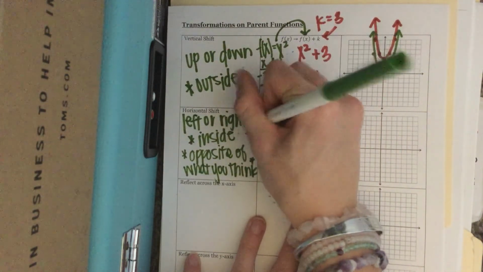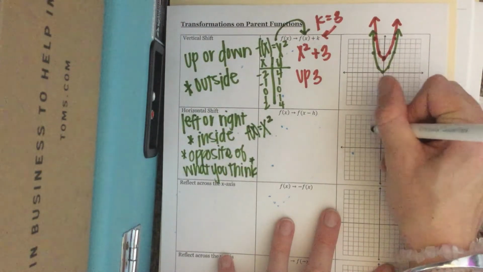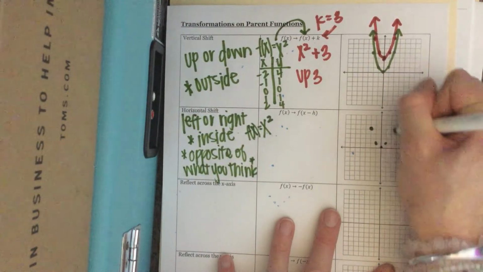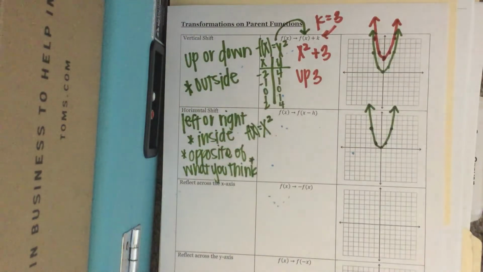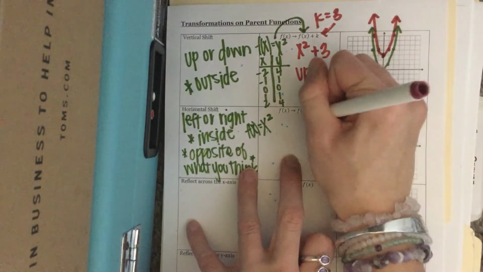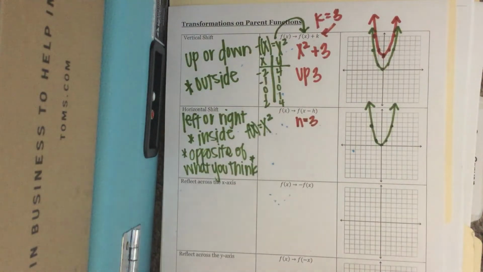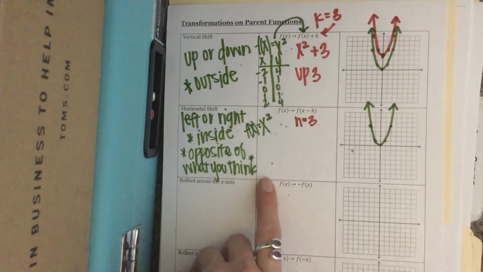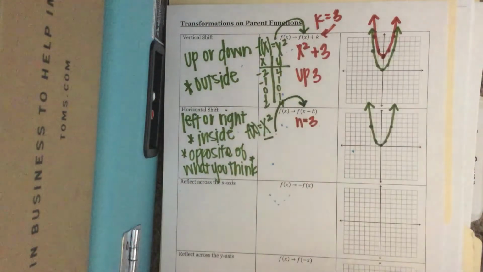So let f of x equal x squared. So that's 4, 1, 0, 1, 4. Okay, I'm just using those same values right there. And now, let's let h equal 3 again. This is f of x. So we're going to plug this in for that.